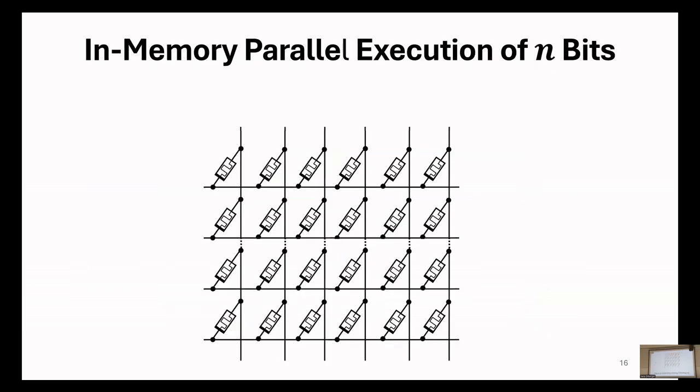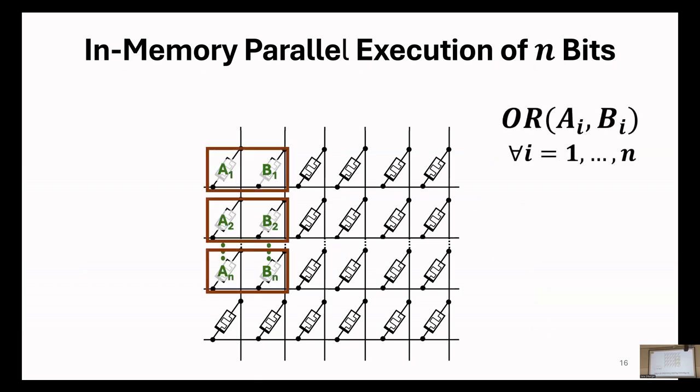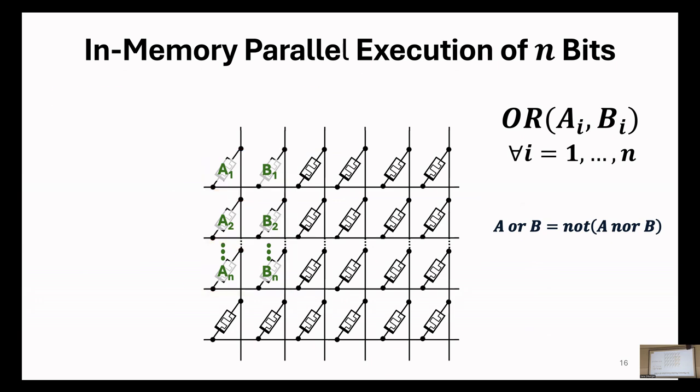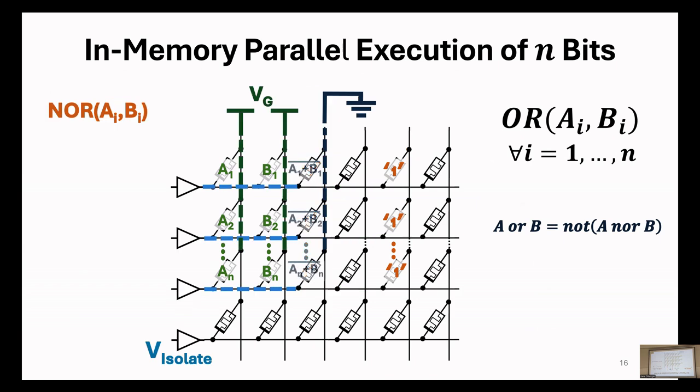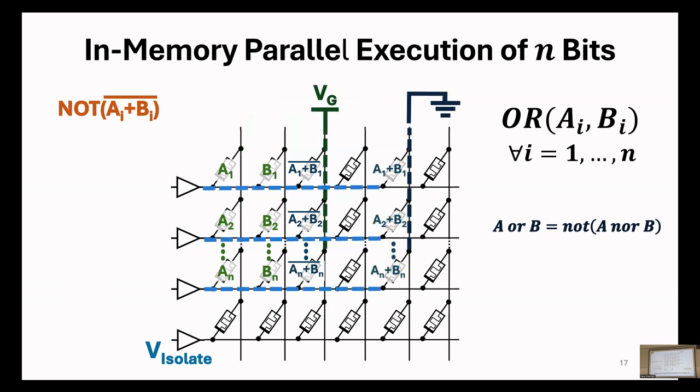So we'll see a small example of how we execute a function using NORs. If we want to perform a really simple operation such as OR over these inputs, OR is two NORs: A NOR B and then a NOT. The NOT is a single input NOR. First, we initialize the output memristors as we saw before. Then we perform the first NOR operation, we receive A NOR B in each row, and then we get the final result.